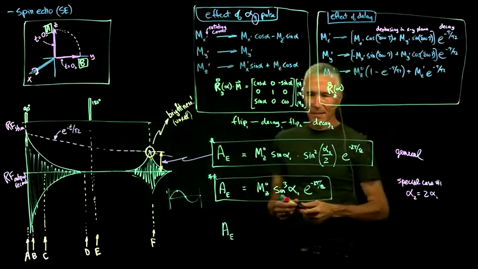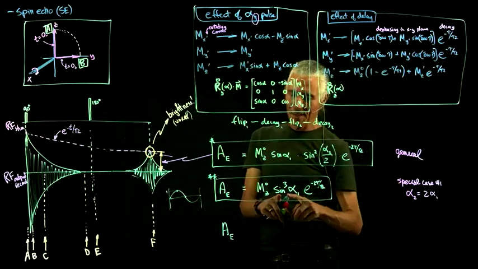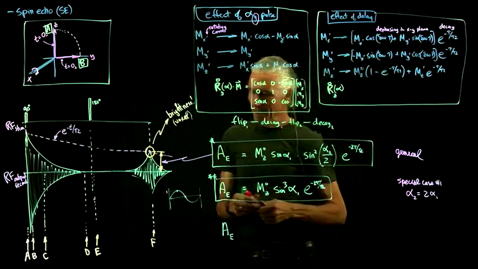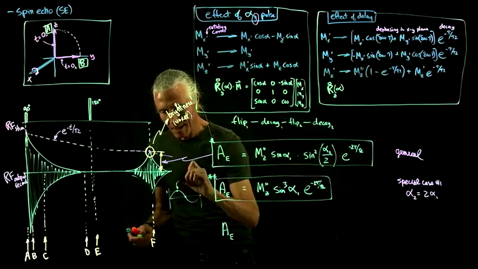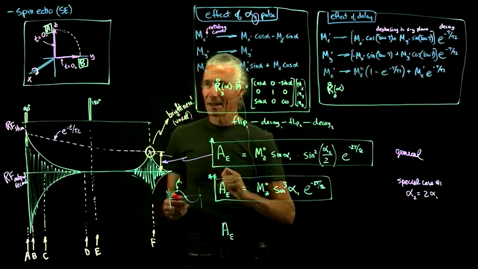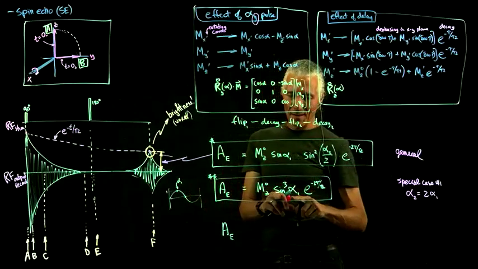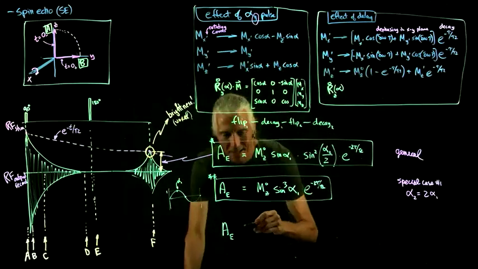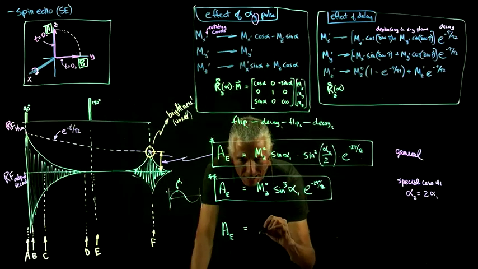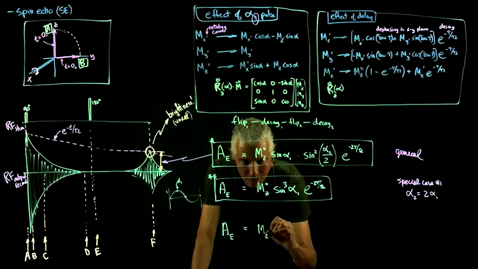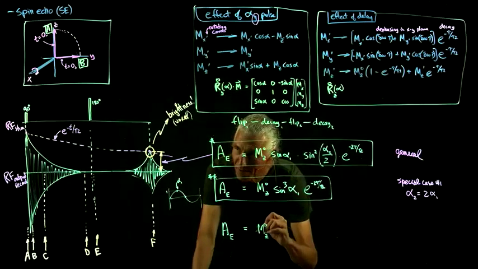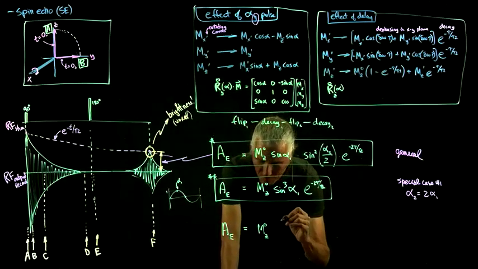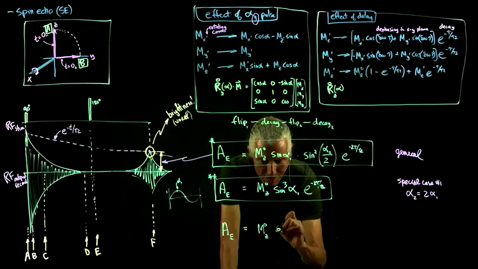But if we just take this equation, if we make alpha 1 90, well, then it's just going to be 1, and so we can get rid of the sine. And so then we end up with the equation that we always write, which is Mz0 times e to the minus TE over T2.